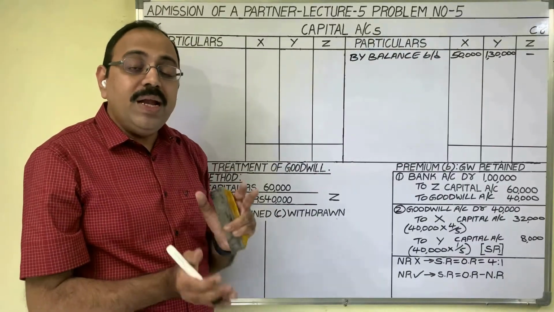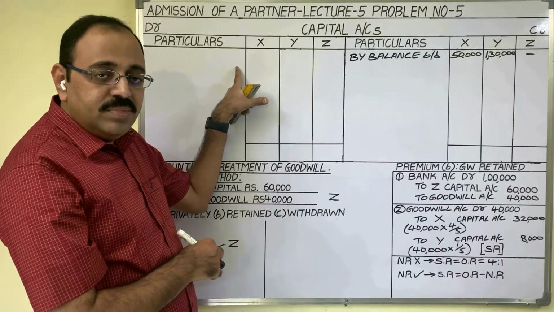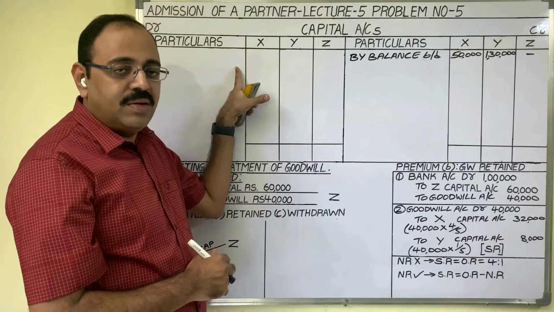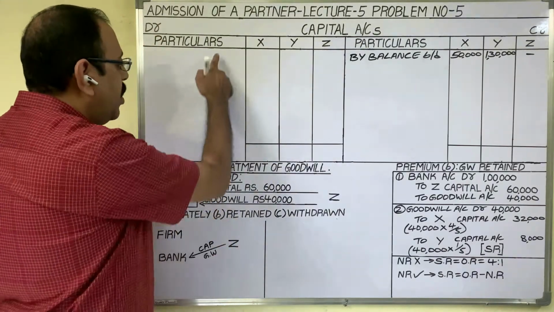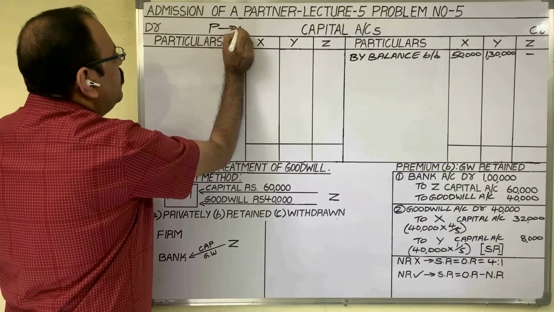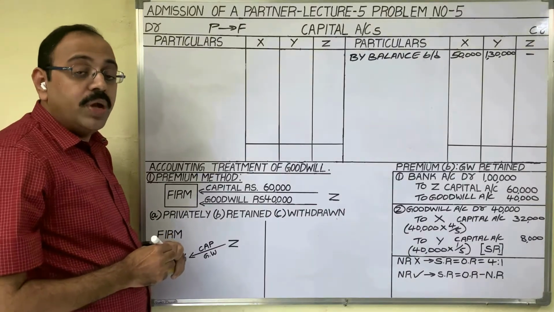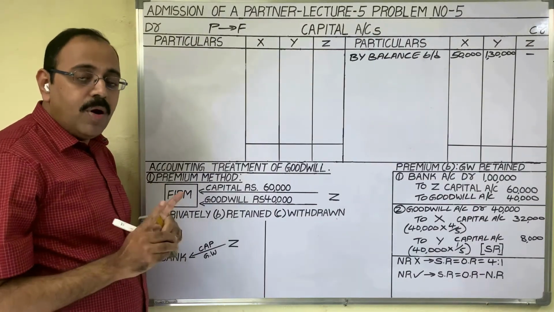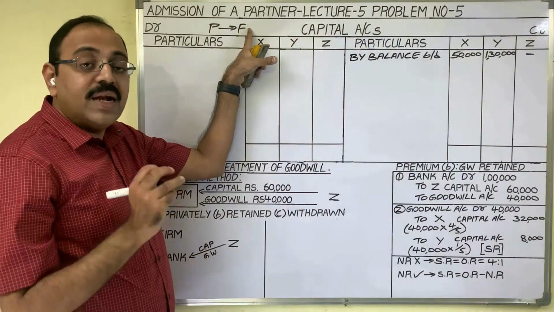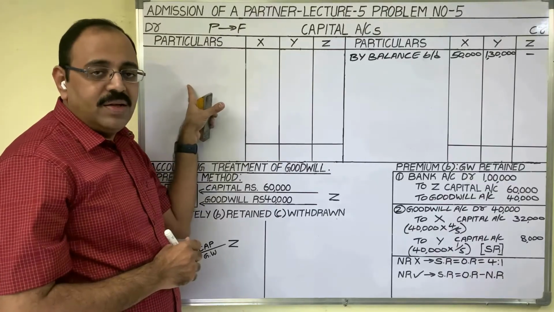So same point, let me explain in another manner. Partner is the receiver, that amount appears on debit side. Suppose partner is retiring, then all these amounts partner should return to the firm. So remember, debit side, which amounts we should show in capital accounts? The amounts which partner has to return to the firm at the time of retirement of a partner should appear on debit side.